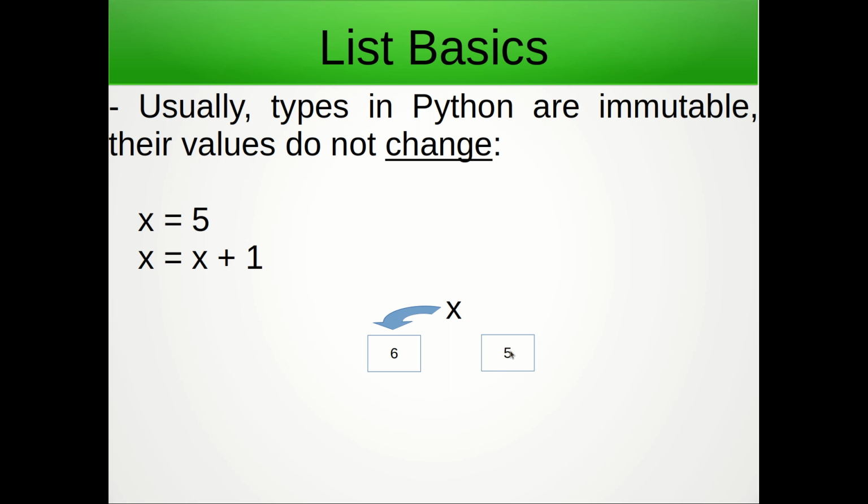But to do that, instead of coming here and changing this to a 6, because Python variables are immutable and their contents do not change, what we do is that we store a number 6, the result of our operation, somewhere else in memory, and now point our variable here.